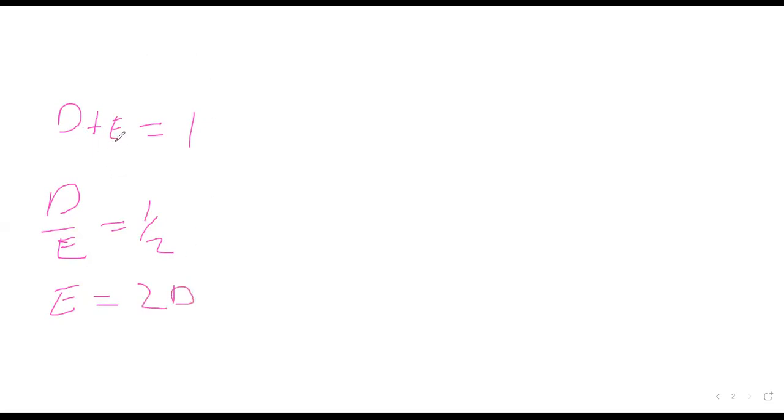What is equity here? You can put 2D. So D plus 2D is equal to 1. 3D is equal to 1. Debt is equal to 1 over 3, meaning equity is equal to 2 over 3.